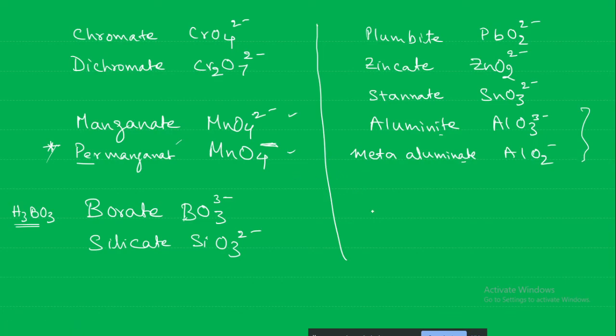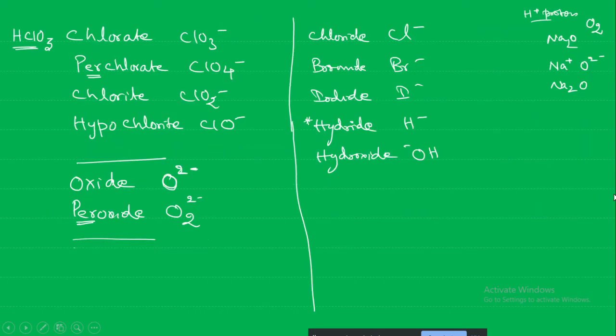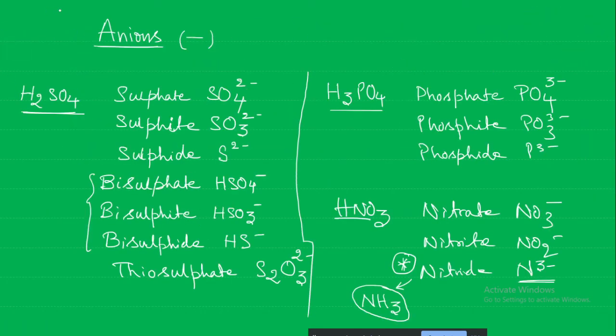Next, ferrocyanide. This is something we have to simply remember: Fe(CN)6 4 minus. So these are the list of the various anions we saw today. By knowing the common acid, we are able to predict the name and formula of the anion part.